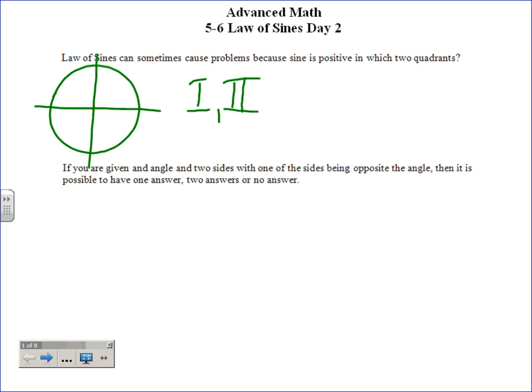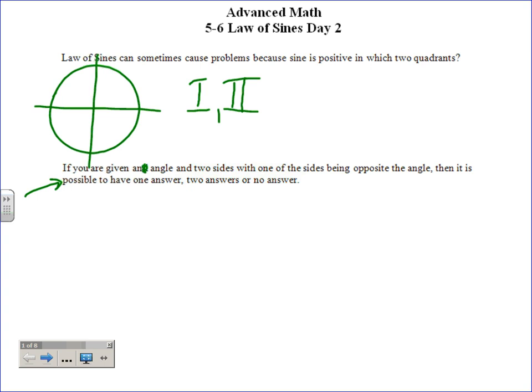So if you're given an angle and two sides, so basically if you get the law of sines set up, a pair and one more side, that's what the key is. That's when you have to look.